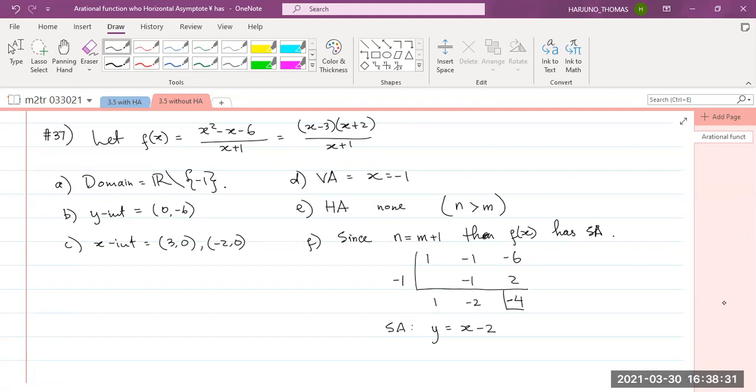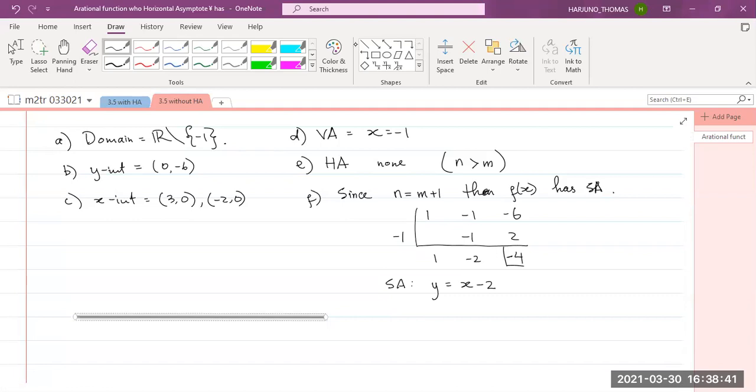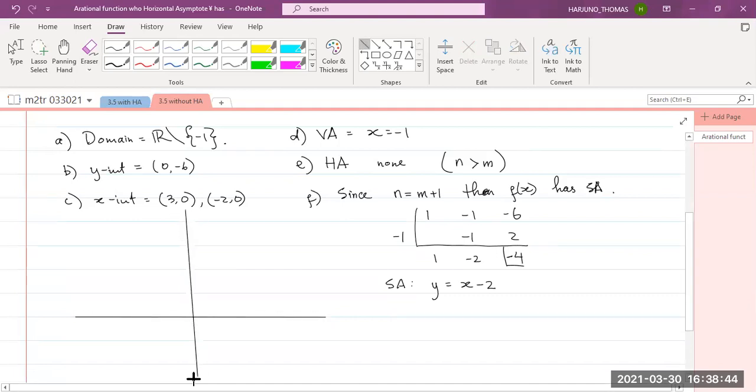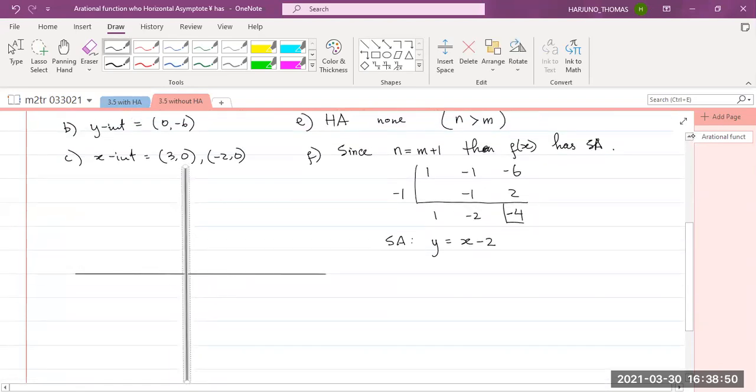Now then, let's try to sketch this for now. At least let's see what we have at this point. We have the coordinate system, and we have the y-intercept (0, -6). Again, I don't draw it to scale, so I need to label it.